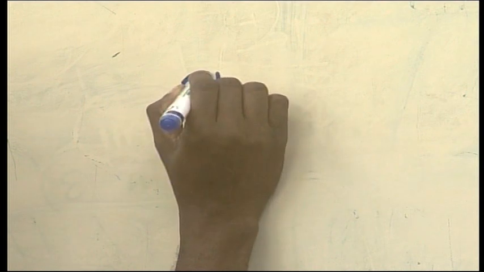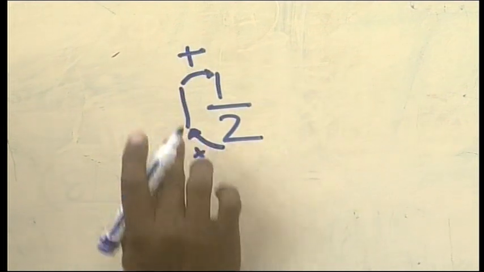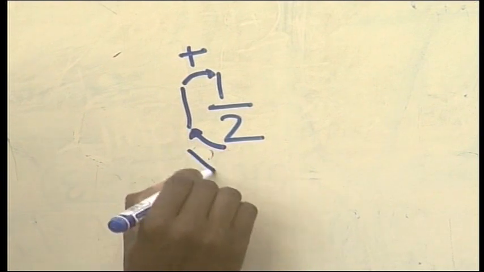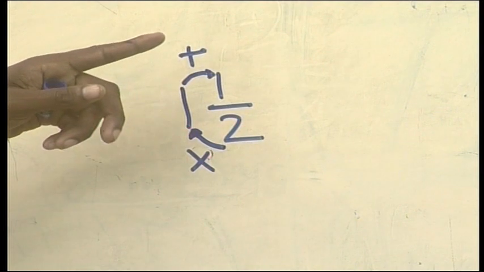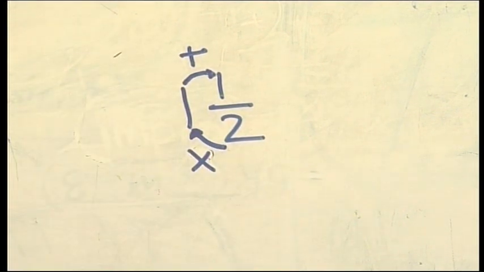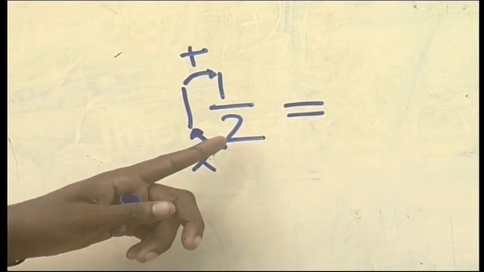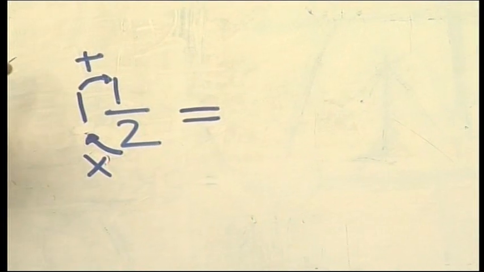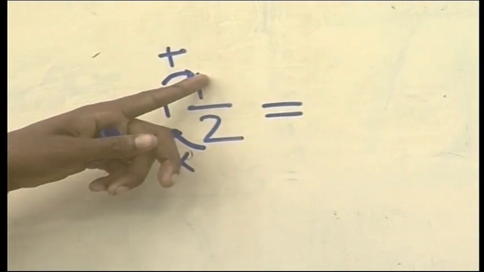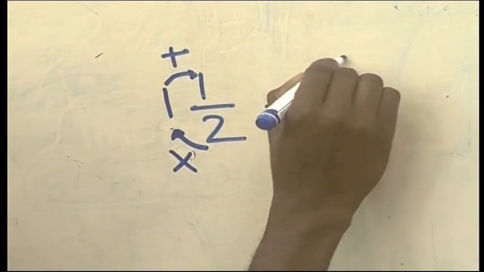And then add the numerator. So 2 times 1 is 2, plus the numerator, which is 1, is 3.